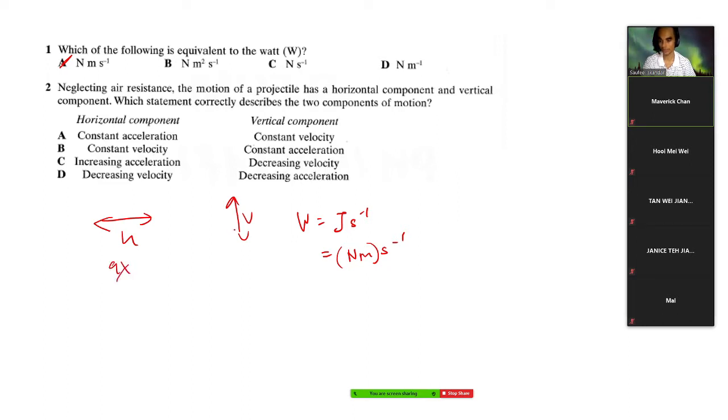Vertically we have acceleration, which we call gravitational acceleration, so negative g, a constant. So the answer is B. Number 1 is A and number 2 is B.